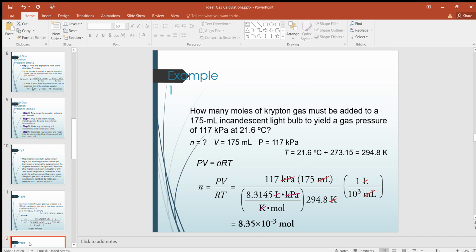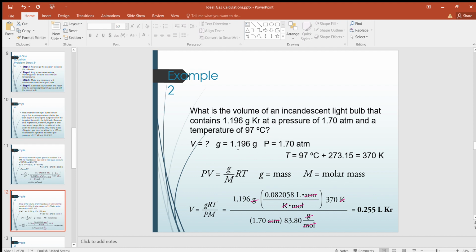Now in the second one, what is the volume of an incandescent light bulb that contains this gas at a given pressure? Here we know the temperature, we know the mass, and also the pressure. We know that n is equal to g upon M, so we replace n by g upon M, and then put in the given weight and the value of R. This pressure is in atmospheres, so we'll use the first form, 0.0821, and the temperature always has to be in Kelvin, and we put the pressure as it is.